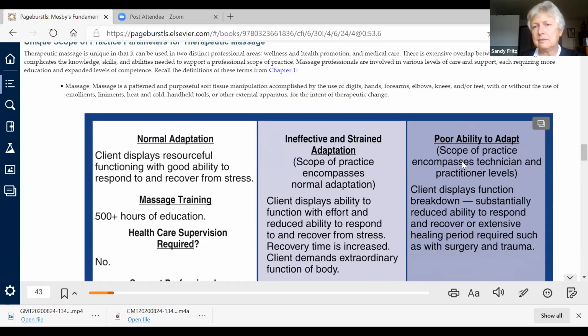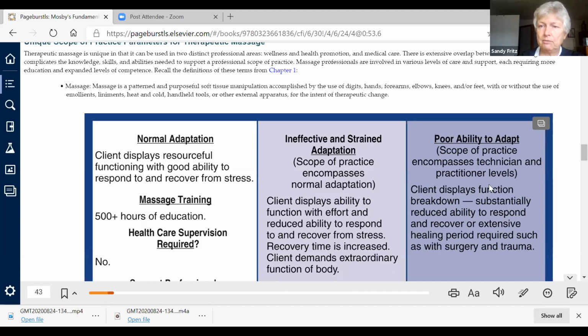And then at the highest level, you're dealing with fragile people. And obviously you still do your normal adaptation and your strained adaptation. You still do all that, but now with experience, most often working as part of an interdisciplinary team with other professionals, you learn more about rehabilitation, treatment, the ability to adapt and modulate the massage even more.